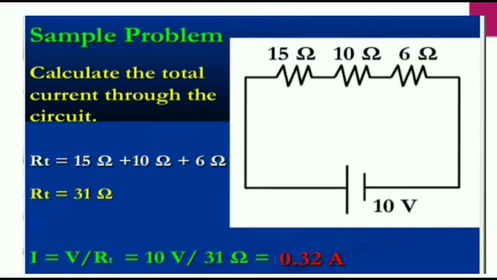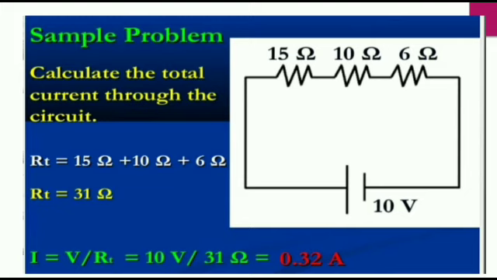Now, a simple problem based on the series. Three resistors of 15 ohm, 10 ohm, 6 ohm are connected in series to a potential difference of 10 volt. We have to find the current here. So how will we calculate the current through the circuit? It's very simple. Using Ohm's law, I is equal to V by R. V is 10, but there are three resistances, therefore you have to use the resistance in series formula.